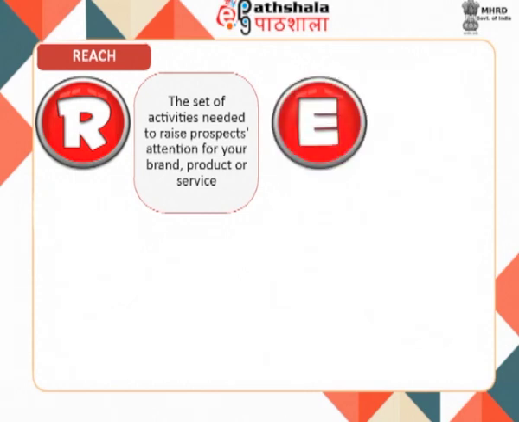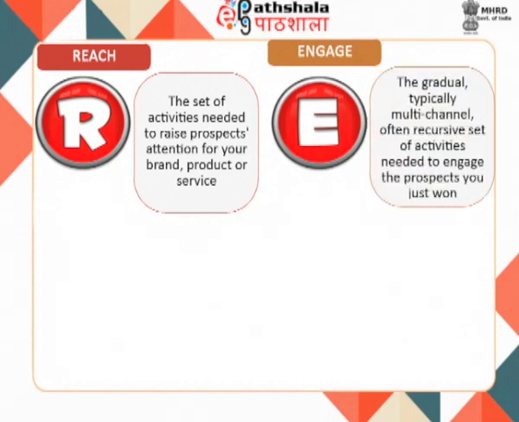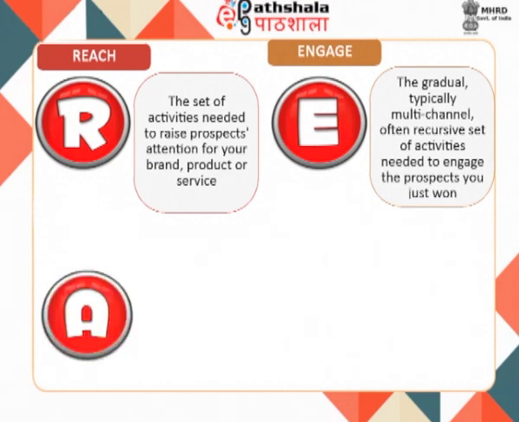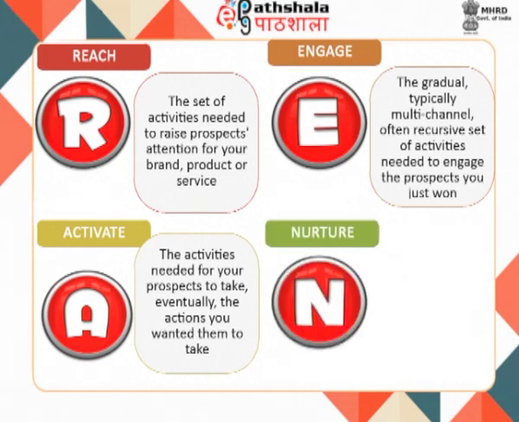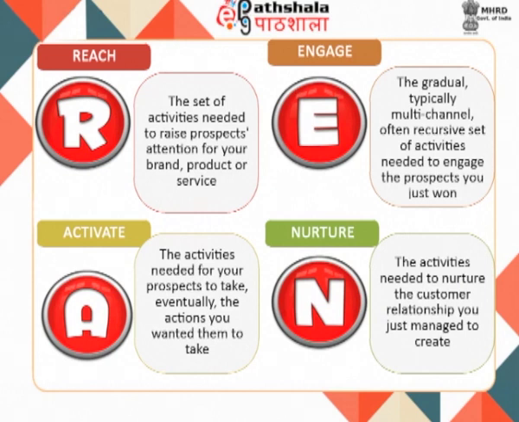E is engage, the gradual, typically multi-channel, often recursive set of activities needed to engage the prospects you just won. A is activate, the activities needed for your prospects to eventually take the actions you wanted them to take. N is nurture, the activities needed to nurture the customer relationship you just managed to create.